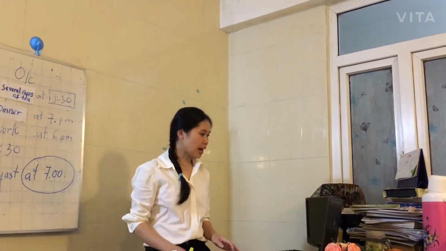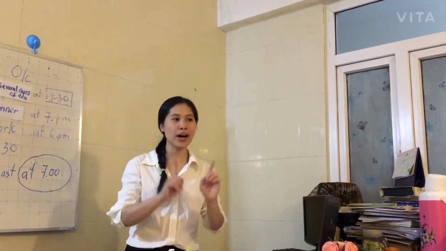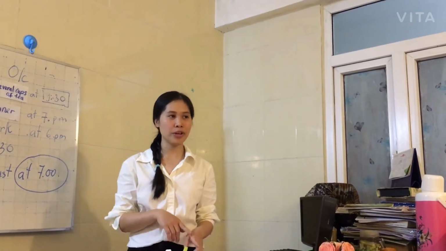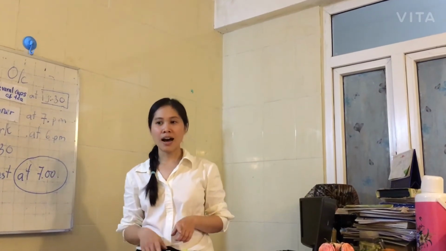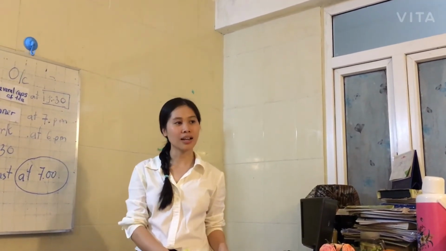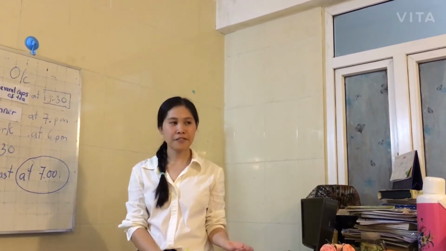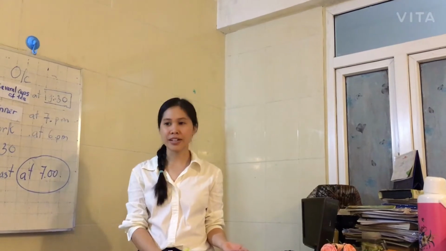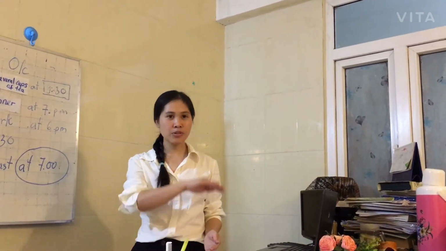Good. So now I want you one ask and one answer. But when you say the sentence, you have to tell me the sentence stress. Like, I usually get up at 6 o'clock. I usually have breakfast at 7. So it's just an example, and then you use the stress.